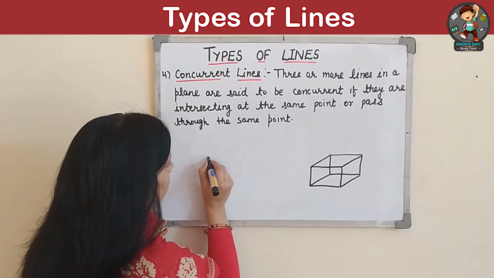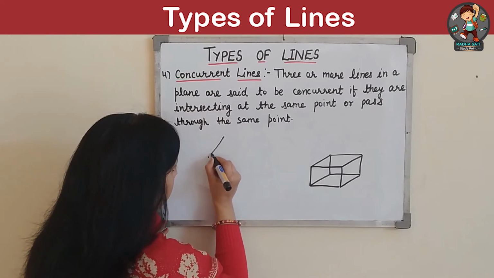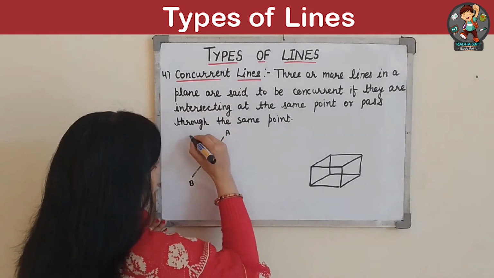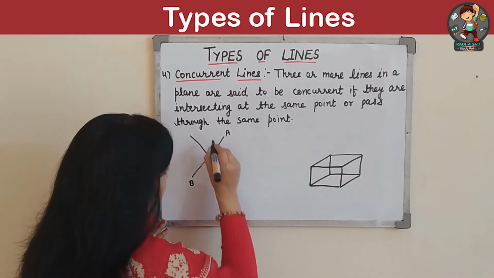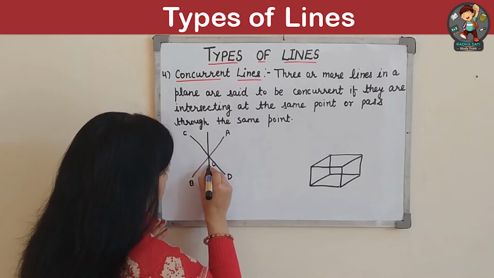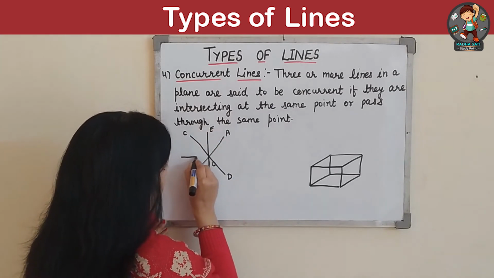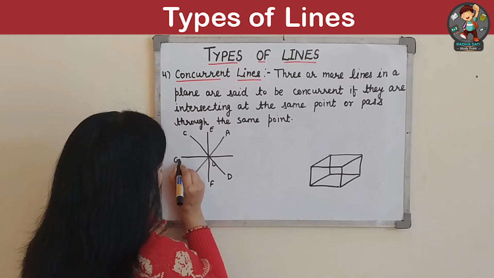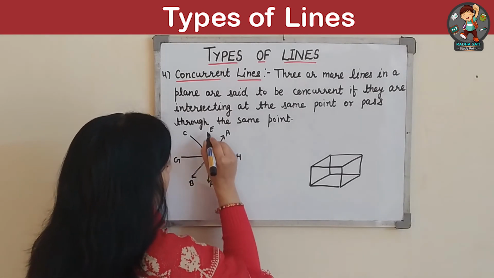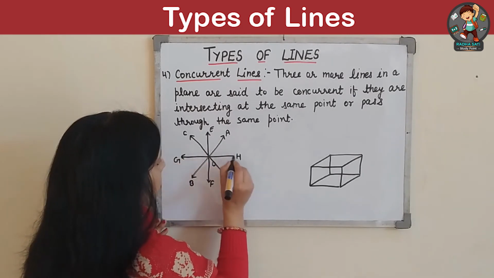For example, here I am drawing one point O, and the lines AB, CD, EF and GH are passing through the same point, then we can say that all these lines are concurrent lines.